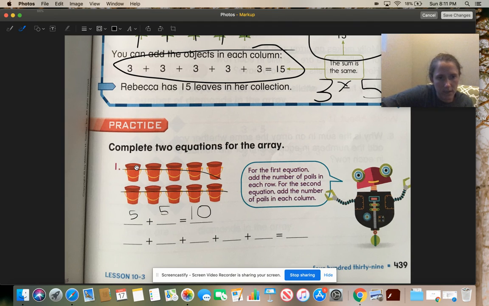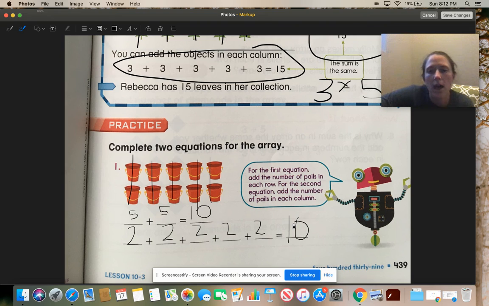Or I could add the columns. How many are in each column? 2 plus 2 plus 2 plus 2 plus 2. Now, 2 plus 2 plus 2 plus 2 plus 2 is going to equal the same thing, 10.